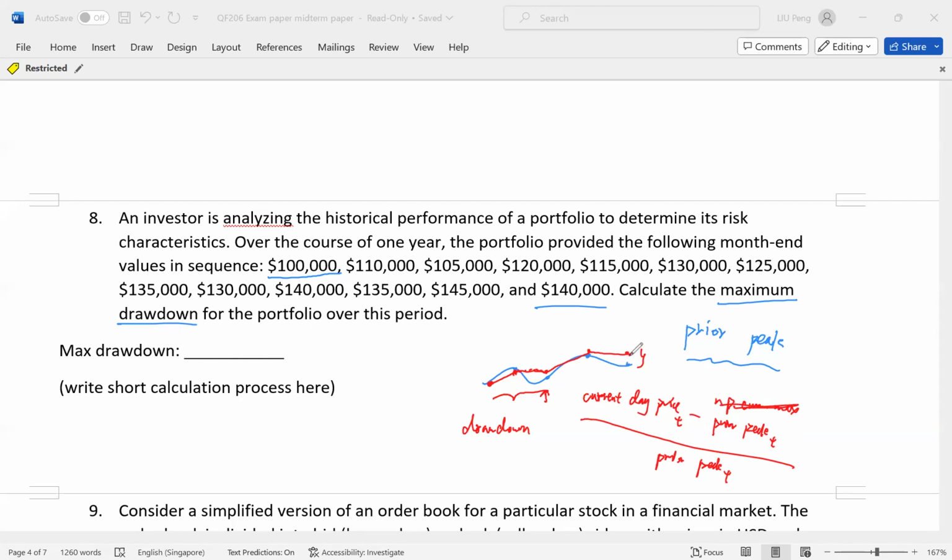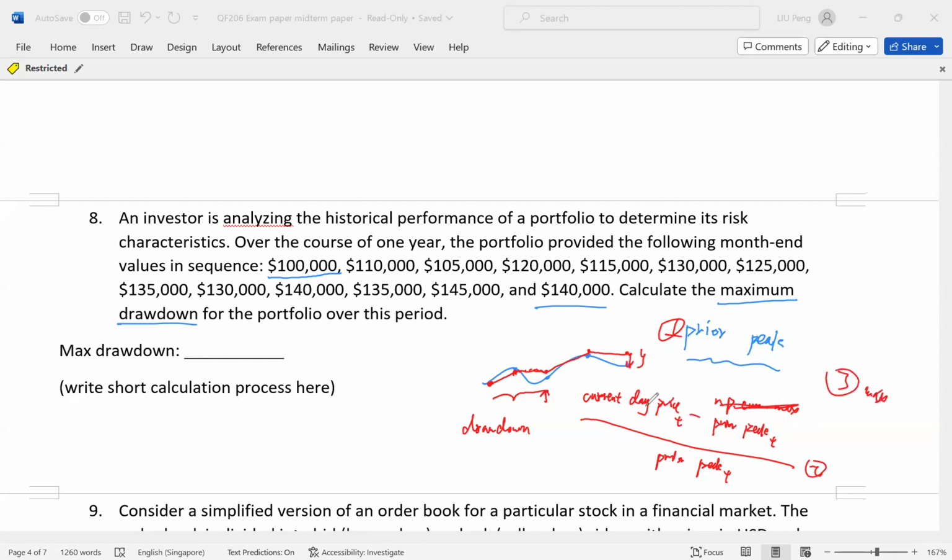This just converts it into a percentage loss. It depends on how big the fall is, and then we assess what is the biggest drop in the asset value, that we could have experienced. So this is the procedure for calculating the drawdown, following these 3 steps. Step 1 is the prior peak, step 2 is the percentage difference, and step 3 is to take the max.